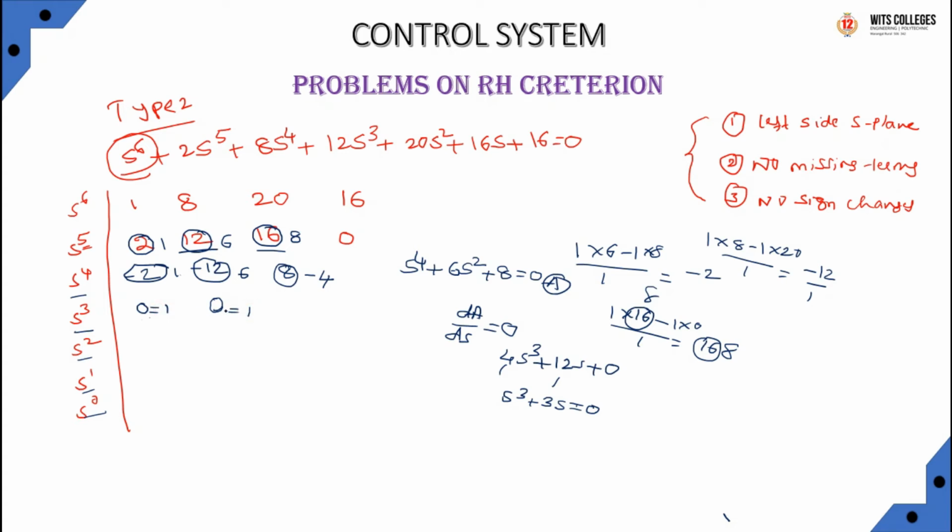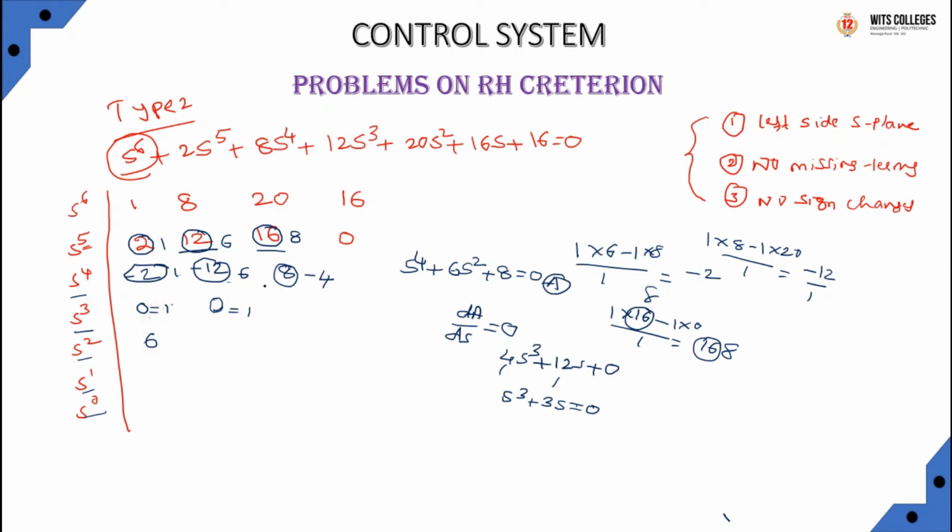After substituting these values, again we find the next row. Here 1 into 6 minus 1 into 1, this is 1, so the value is 6.